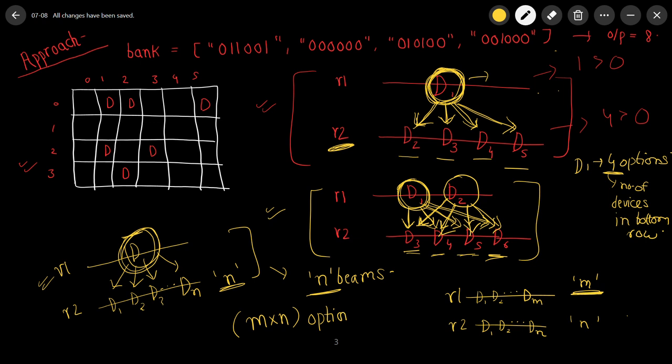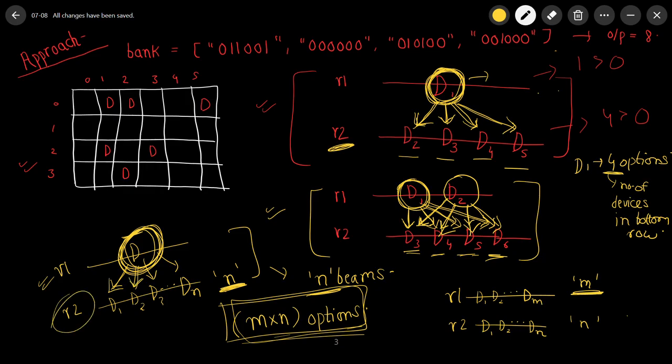That is, m into n total beams would be there by the unitary method. So this was the main crux of the problem. Every device in R1 had n number of options. N is nothing but the number of devices in the lower row. So if one device had n options, and we had m devices, each one would have n options. So the total number of options is m into n, which is nothing but the number of beams. So this was the main crux of the problem.